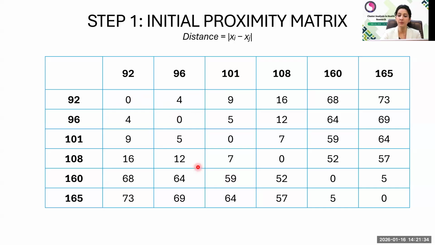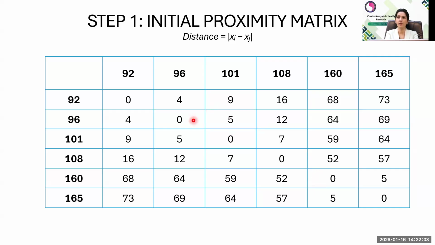Now which is the minimum distance here in this table? Can all of you please write in the chat box? Between two numbers, 4. Yes, true. It is between which two data points?